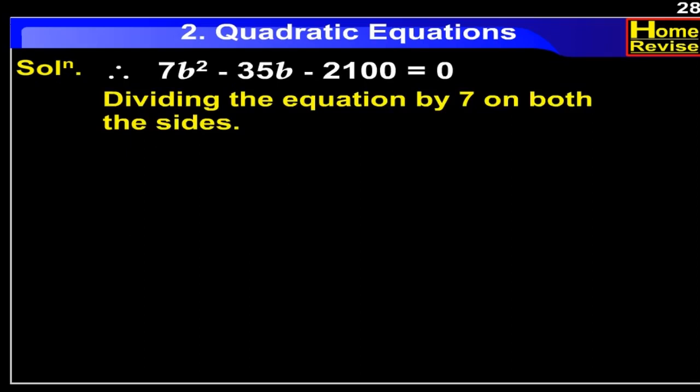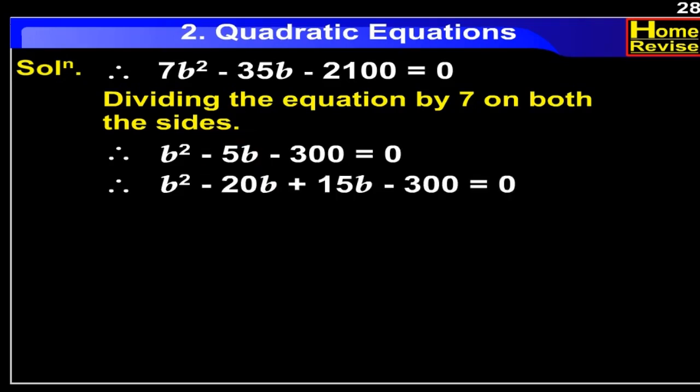Dividing the equation by 7 on both sides, we get B square minus 5B minus 300 is equal to 0. Splitting the middle term, we get B square minus 20B plus 15B minus 300 is equal to 0.